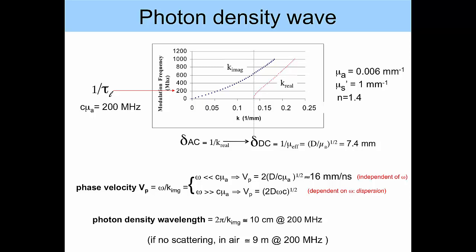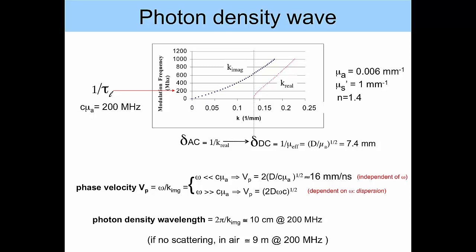But I just need to sample somewhere around here where the dispersion is in order to be able to separate absorption from scattering. What's interesting here, if I look at the real part of this wave, is that it is fixed, it drops off with frequency. So when I hit a limiting frequency, the AC component of the wave, which is 1 over the penetration depth, is 1 over Kr.